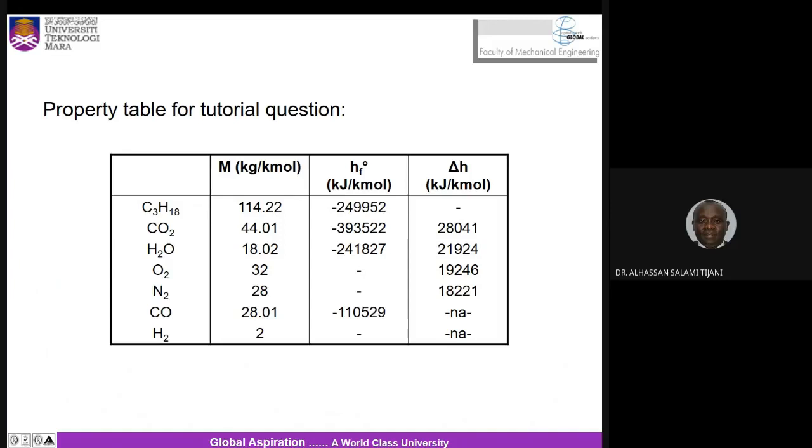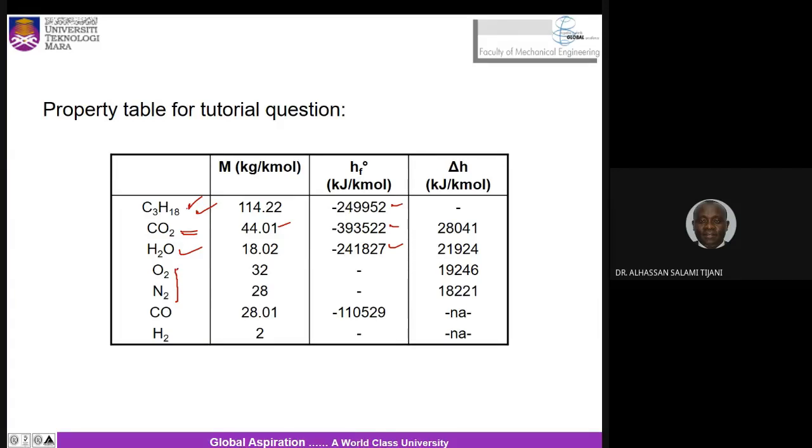These are typical examples. For example, the molecular mass of pentane is this, carbon dioxide, its molecular mass is this, and the enthalpy of formation of this fuel is this. Enthalpy of formation of carbon dioxide is this. Enthalpy of formation of water is this. For oxygen and nitrogen, they don't have enthalpy of formation because they exist in their natural state.